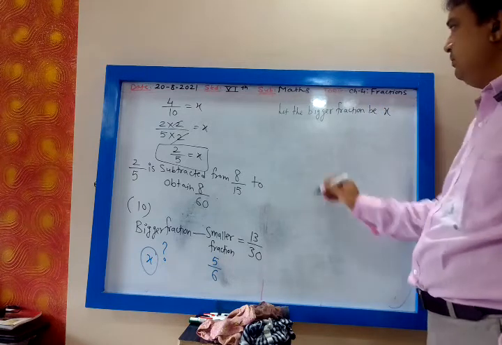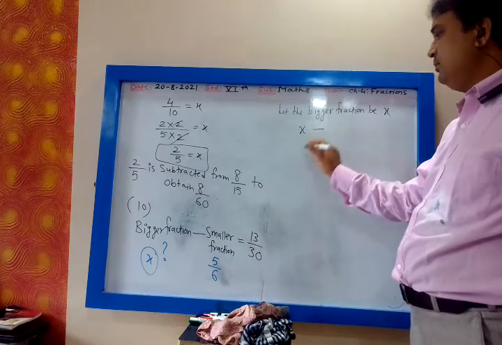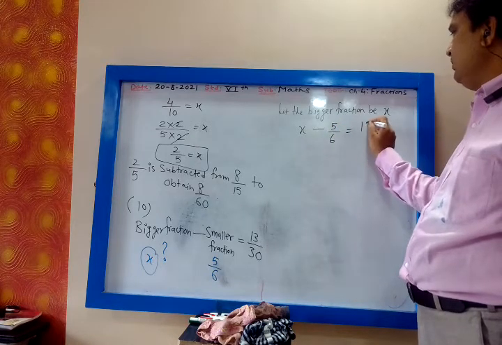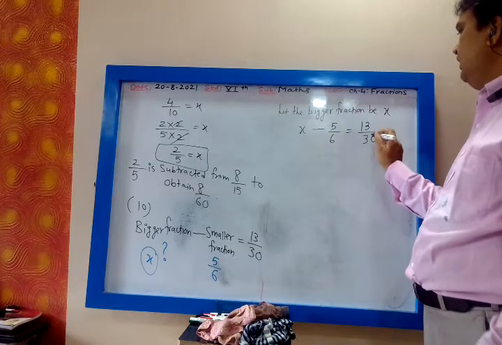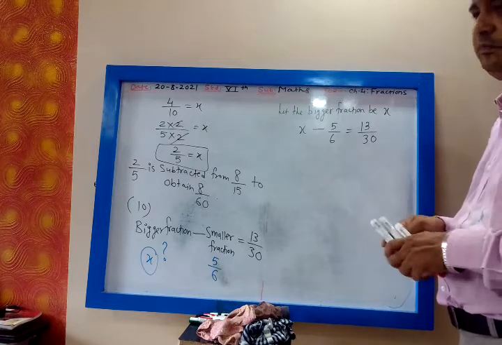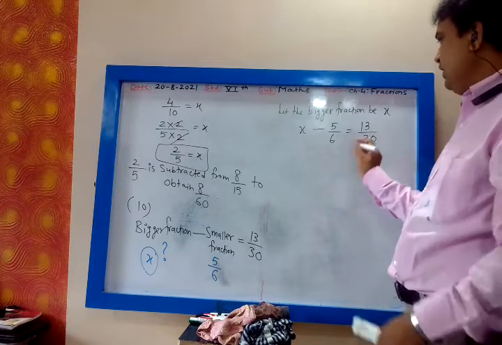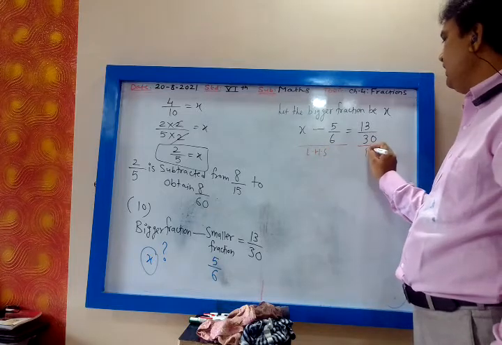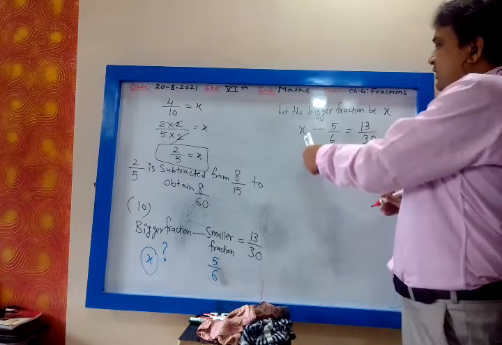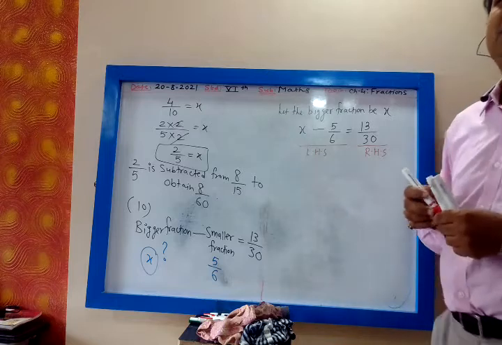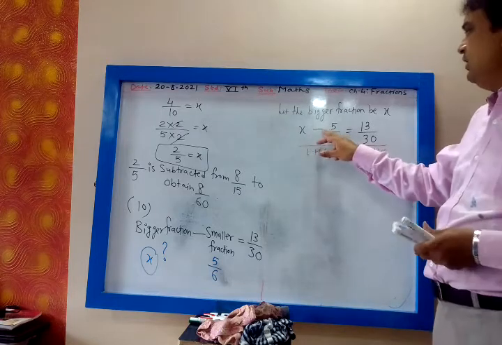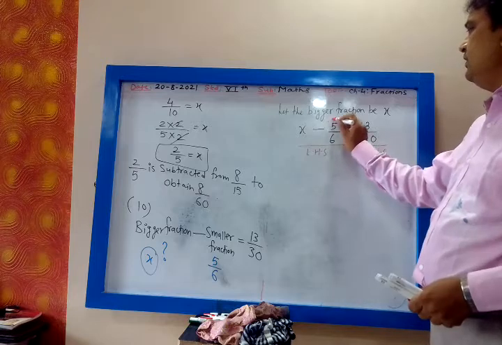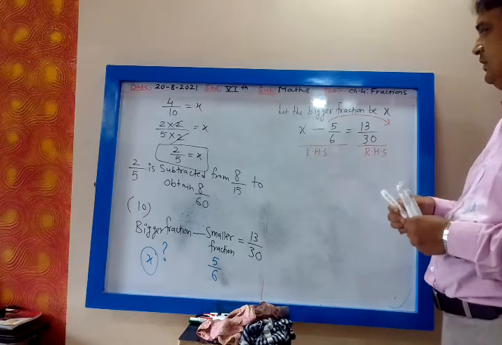So form the equation: bigger fraction minus smaller fraction, x minus 5 by 6, is equal to 13 by 30. Before the equal to sign is my left hand side, after it is my right hand side. x is plus, so we do not change its position. But minus 5 by 6 on the left hand side, taken to the right hand side, becomes plus 5 by 6.